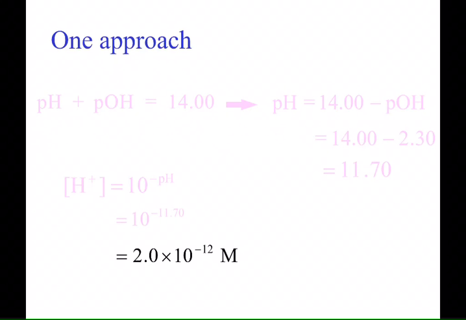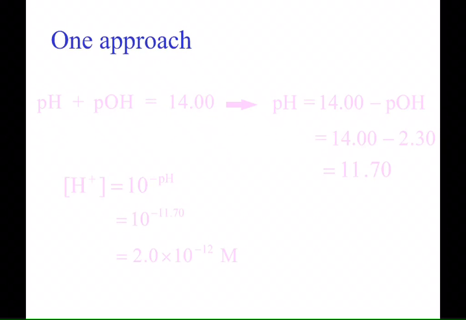I get 2.0 times 10 to the minus 12 moles per liter. And that's the hydrogen ion concentration. I guess we could do a check, couldn't you? You could take this hydrogen ion times the hydroxide ion, see if you get 1 times 10 to the minus 14th.